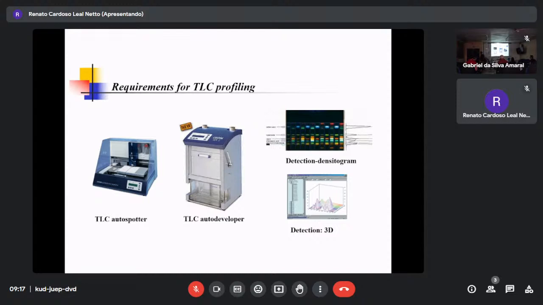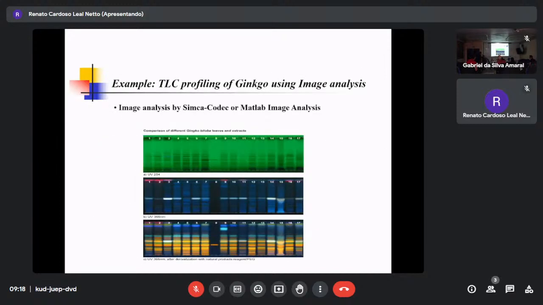Then now, in TLC cases, as he mentioned, you use reagents such as the natural product reagent. When you use this reagent, it's a chemical exchange, right? After the chemical reaction with the reagent, it can become visible. That was the point. In this case, it's a ginkgolide.